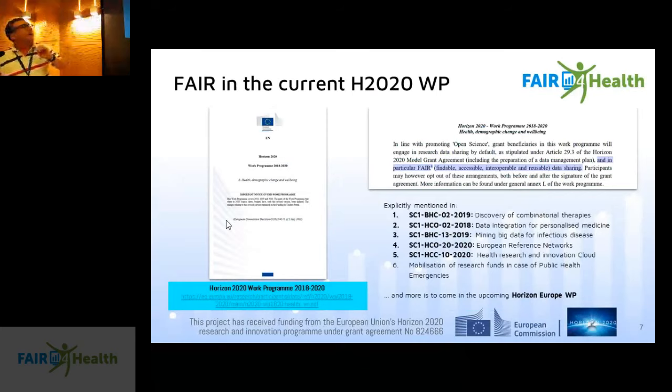In the current program of societal challenges about health in Horizon 2020, you can take the work program, find the word FAIR, and it's very easy to identify. FAIR now is very important, and in the future Horizon Europe it will be one main and essential requirement to implement projects if the funding is from the European Commission. This is very important for you; you need to know FAIR very well.